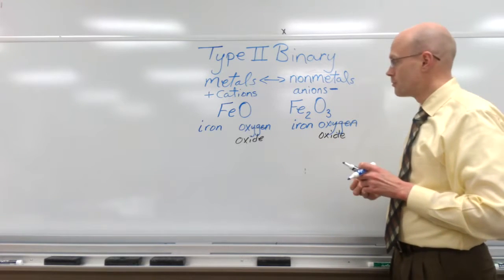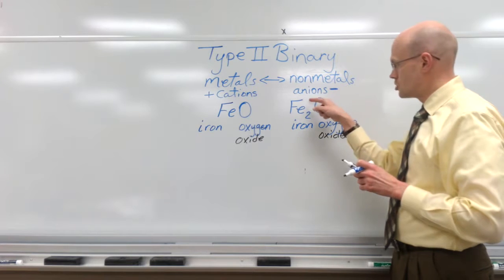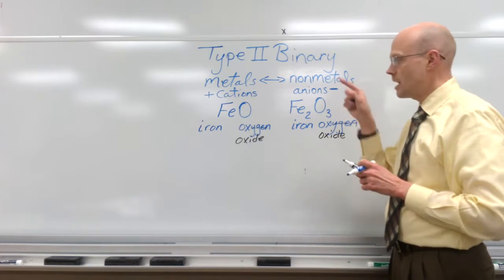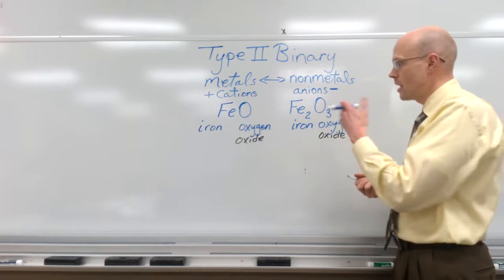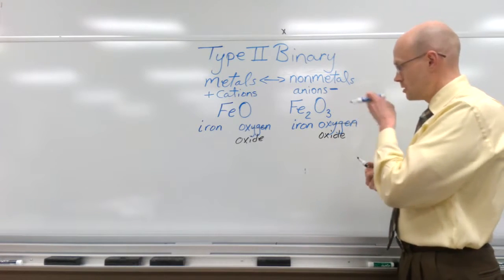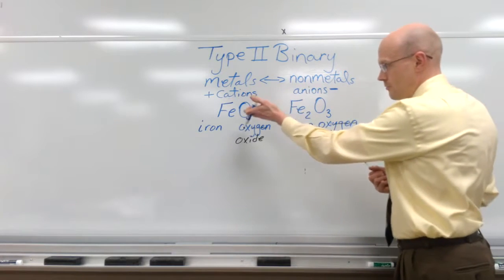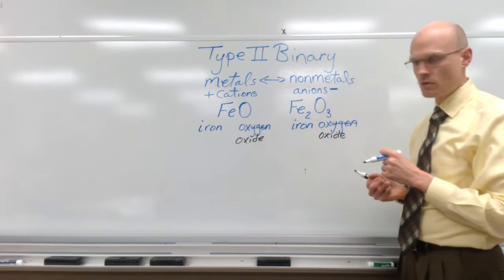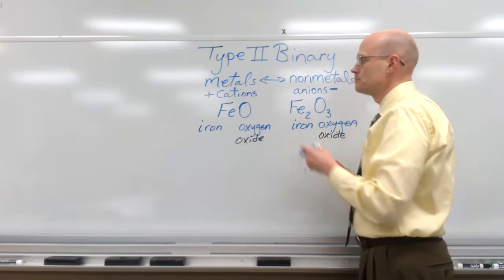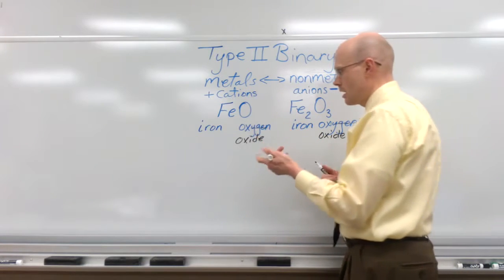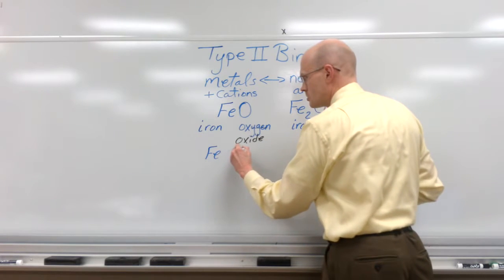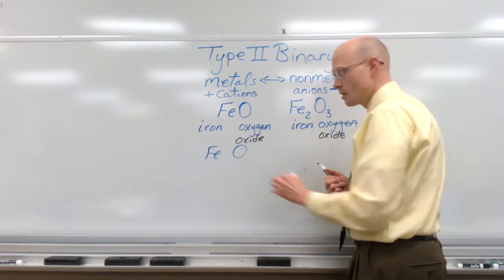That detail is the charge on the iron, on the cation. We have to label that in the name so we can differentiate between FeO and Fe2O3. So what is the charge of that iron? Let's use our ions table. We know that all compounds are charge neutral.